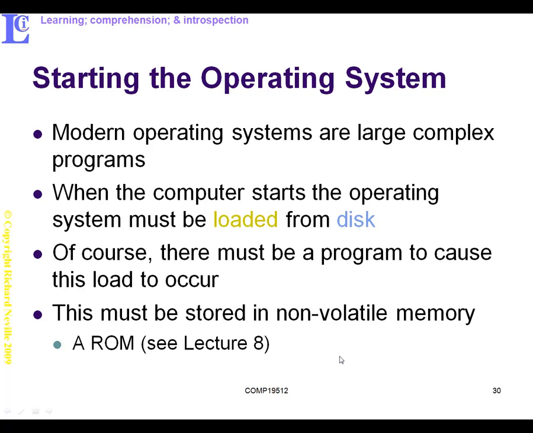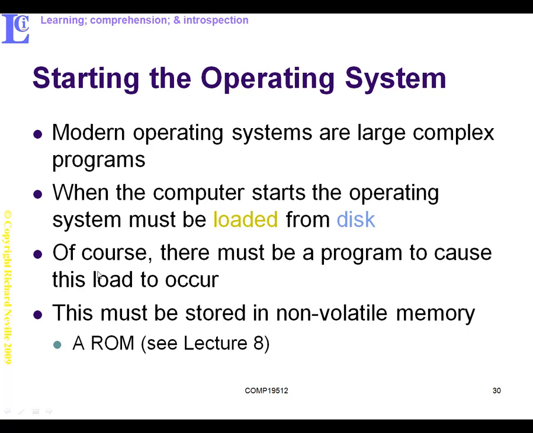Now the next thing we've got to look at, well, how do we get this all up and running? How do we get the operating system up and running? Remembering that most operating systems are actually stored on the hard disk, so they can't be run when the machine is powered up. How is it done then? Well, as they're so large and complex, they have to actually be loaded from the hard disk.